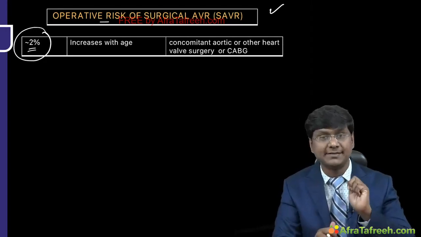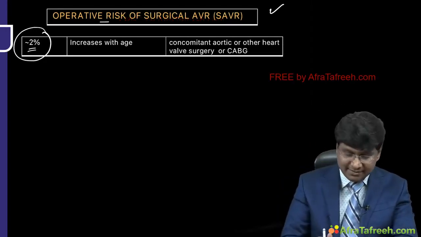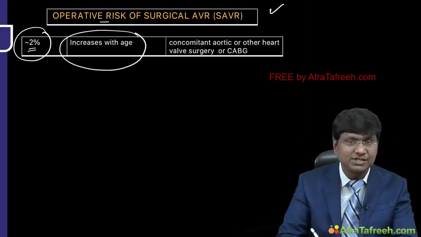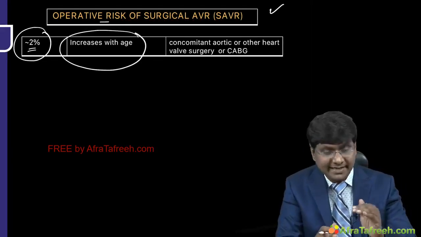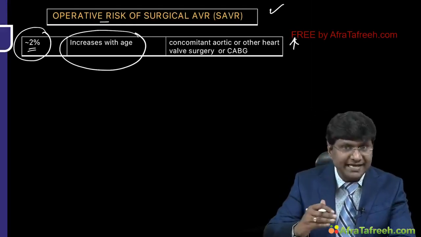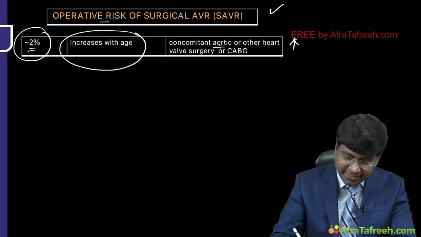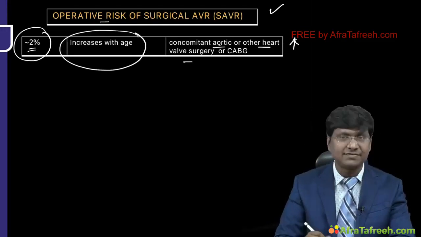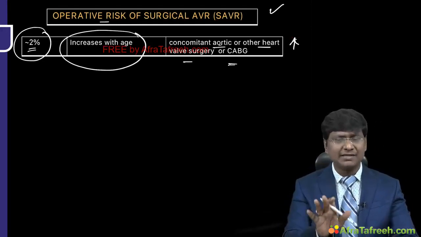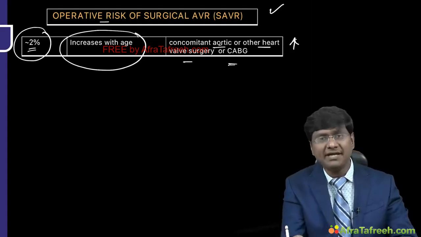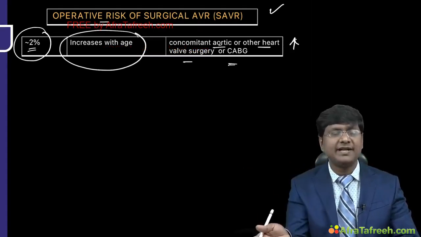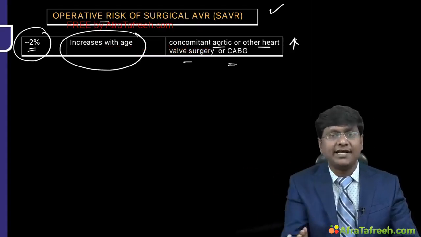But remember, the operative risk of surgical aortic valve replacement increases with the age of the individual, and the operative risk also increases when there is concomitant aortic and other heart valve surgery, or when the patient is also undergoing parallel CABG. So remember, otherwise your operative risk is only 2%. But if the age of the individual keeps on increasing, or if there are associated surgeries that need to be done, then the mortality further increases.